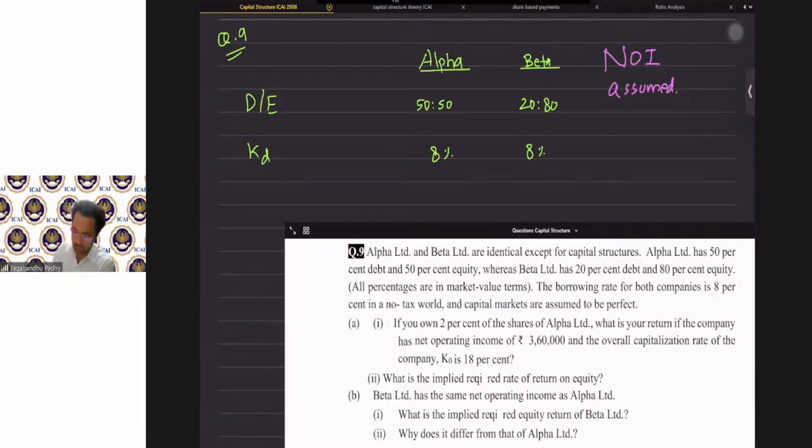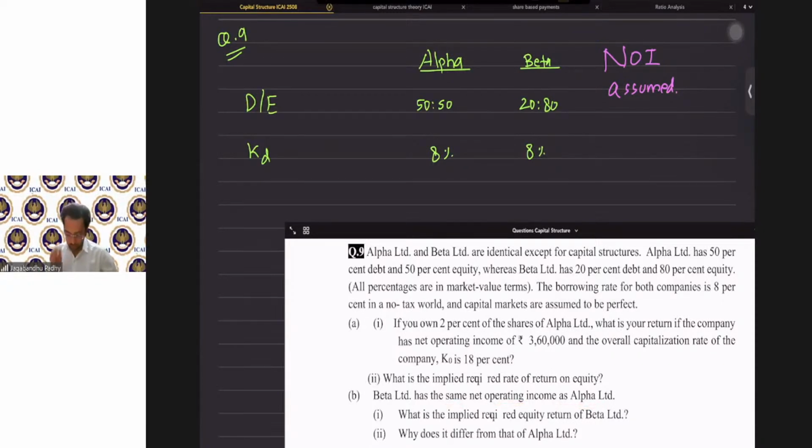Because if your cost of debt is 8%, whereas overall cost of capital, it says that overall capitalization is 18%. For Alpha it is 18%, and it has the same operating income as Beta.